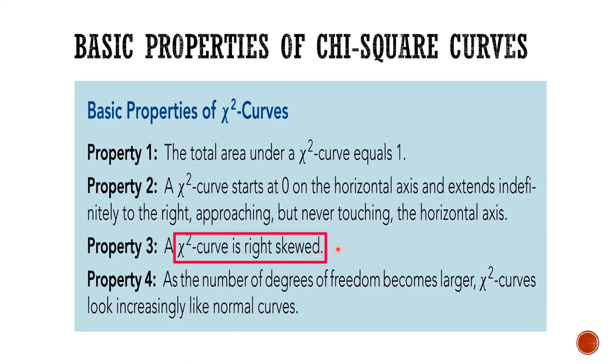I already told you about that. It is not symmetrical like the z curve or the t curve is. And property 4 is as the number of degrees of freedom becomes larger, chi-squared curves look increasingly like normal curves, but again, they are not normal curves. It only looks like a normal curve.